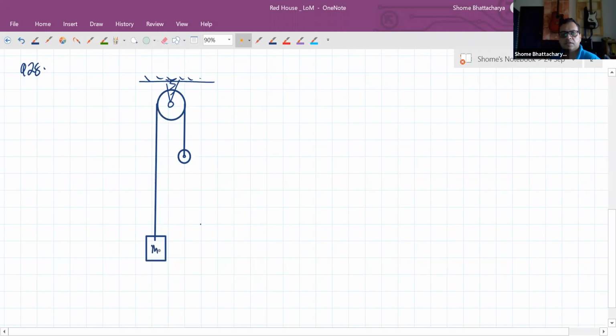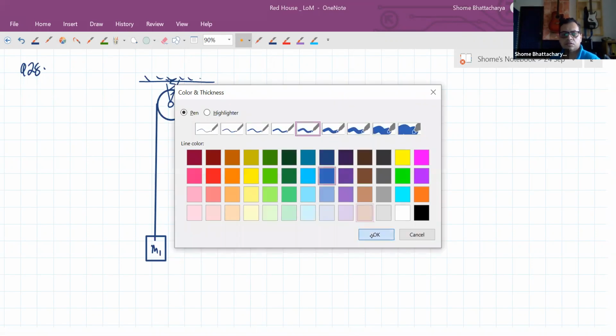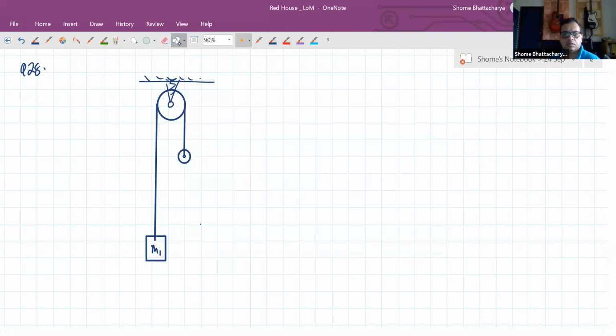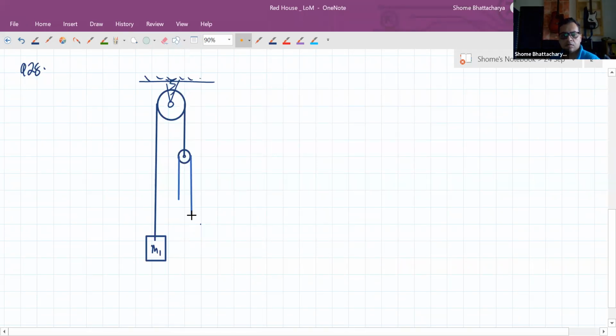So this block is my M1, and then of course we have another string. So we now have this situation.